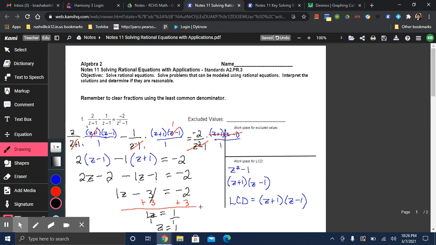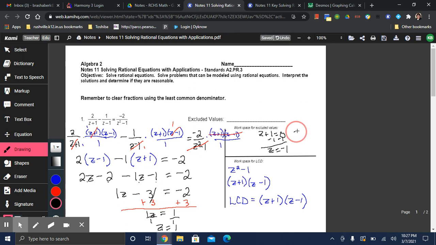All right, now the other day we talked about excluded values. Those would be numbers that would make our denominators equal to 0. So we can look at z plus 1 equals 0. If we subtract 1 from both sides, we get z equals -1. We didn't get that, so we're okay.